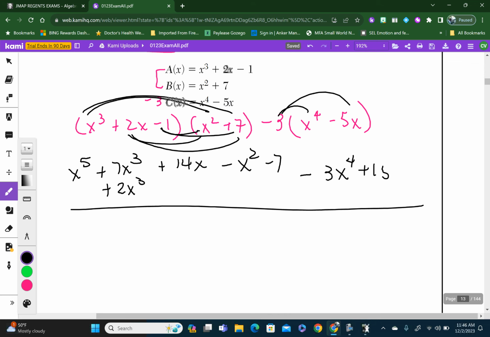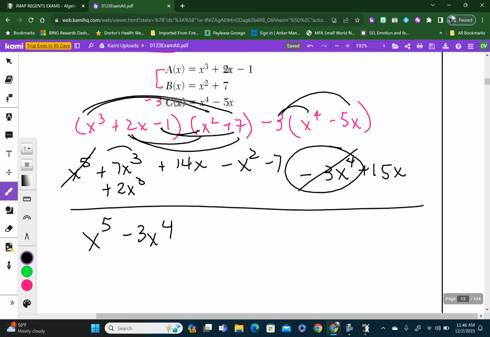Okay. So now that I have all of this, I'm just going to combine some like terms here. The x to the fifth is by itself, so I'm just going to bring this down. X to the fourth goes next, so I have right here this negative 3x to the fourth. So I dealt with that. You see what I'm doing? Trying to be clean about this. Then my x to the third terms are right here.